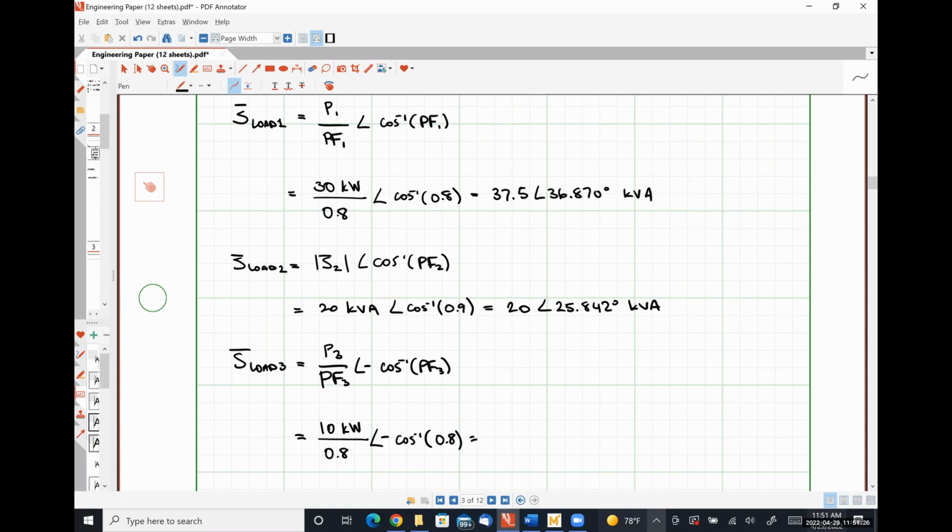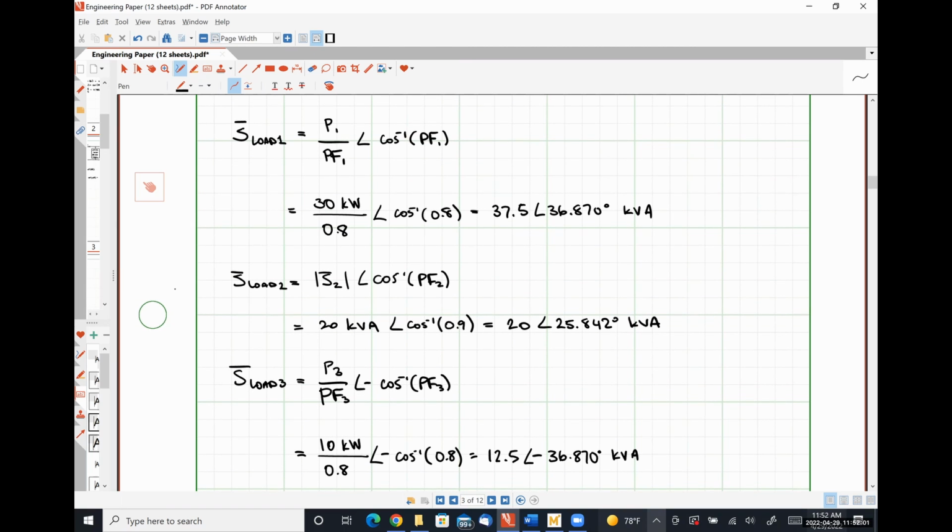That should be, I think, 12.5 angle negative 36.87, but I'm going to put it in my calculator just to make sure. Yep. 12.5 angle negative 36.870 degrees kilovolt amperes.